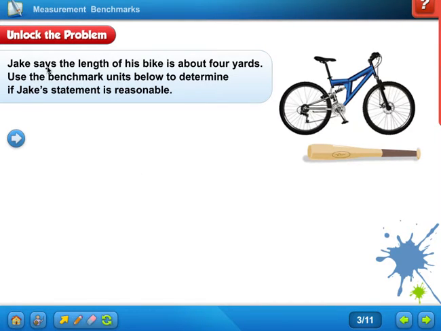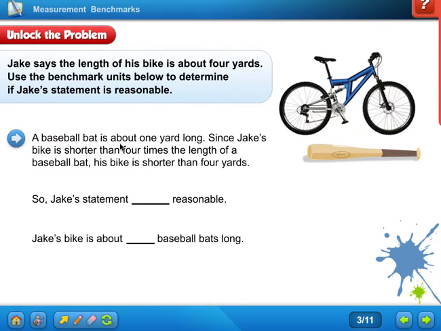And we want to know if Jake says the length of his bike is about 4 yards. Use the benchmark unit below to determine if Jake's statement is reasonable. A baseball bat is about 1 yard long. Since Jake's bike is shorter than 4 times the length of a baseball bat, his bike is shorter than 4 yards.